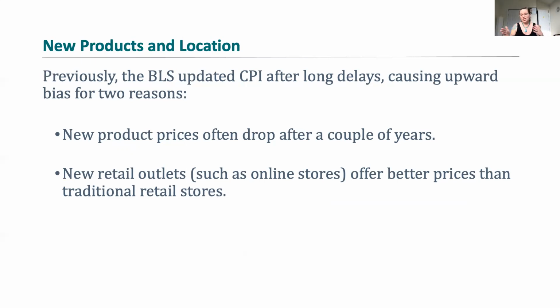And so they offer lower prices over time. But again, these are different factors at play. This is not an inflation or deflation situation. So the BLS is starting to account for these forms of bias in the measurement.